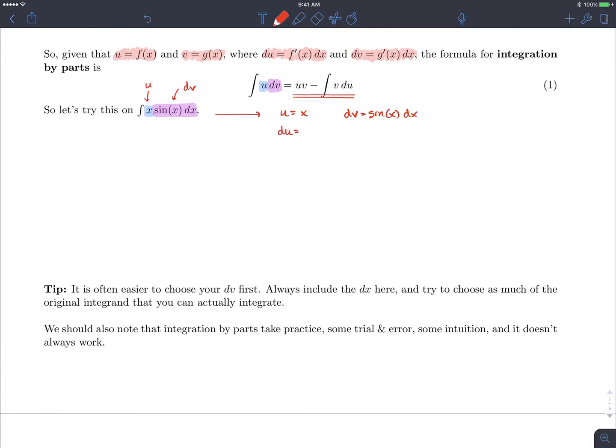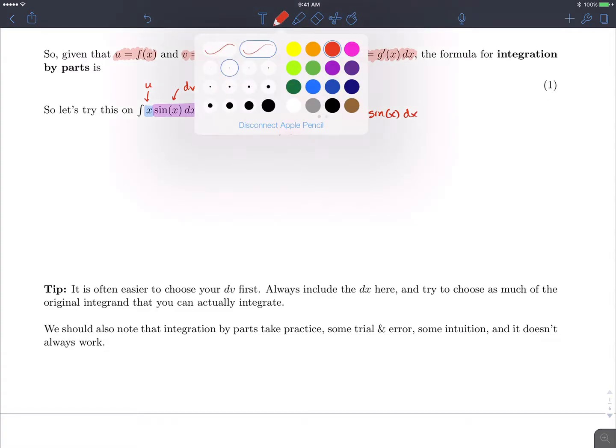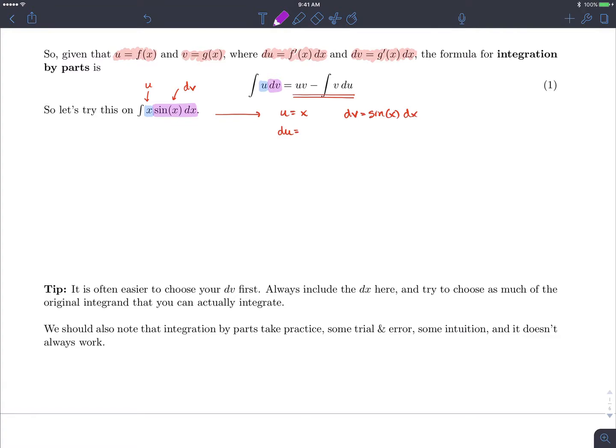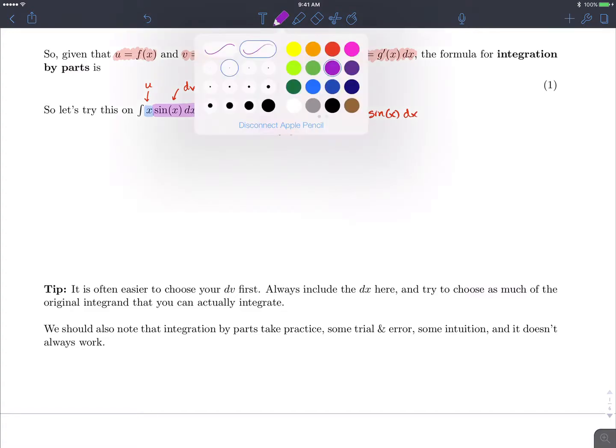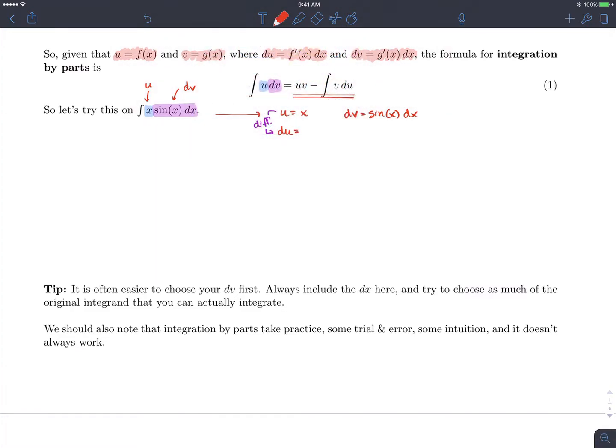We differentiate from one to the other. So going from u to du is a matter of differentiating. In this case, the derivative of x is 1 times dx, or just dx.